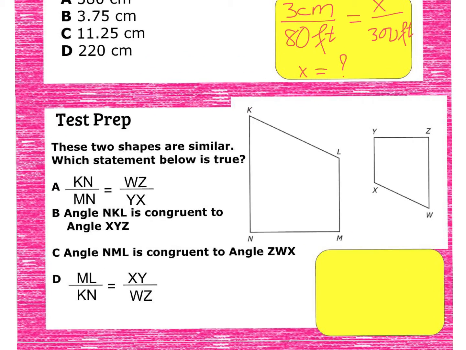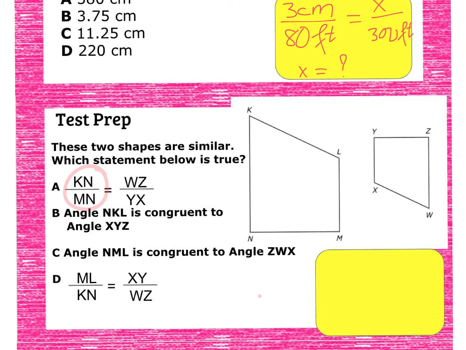These two shapes are similar. Which statement below is true? Okay, we're going to read through it and figure out which one is correct. I'm going to do this one with you. All right, KN and MN for the first ratio.